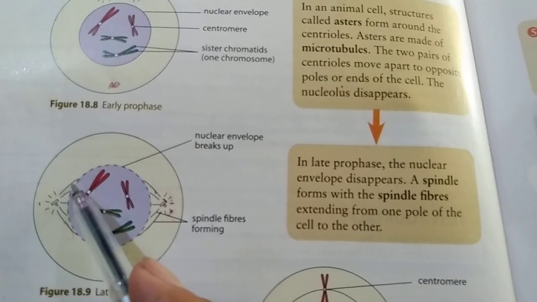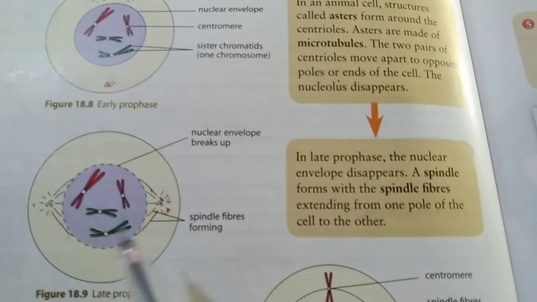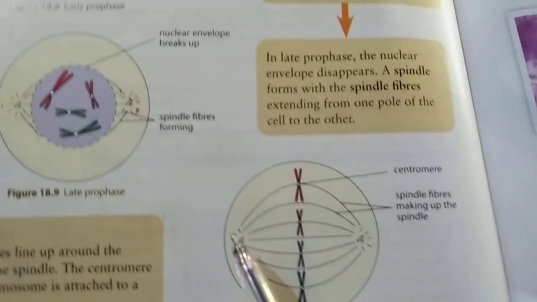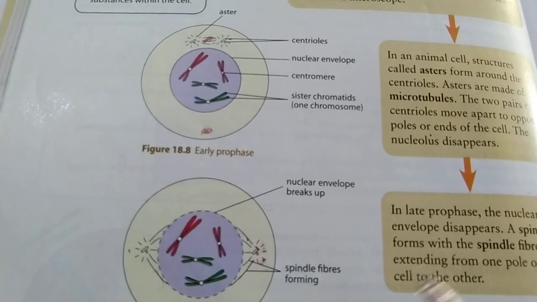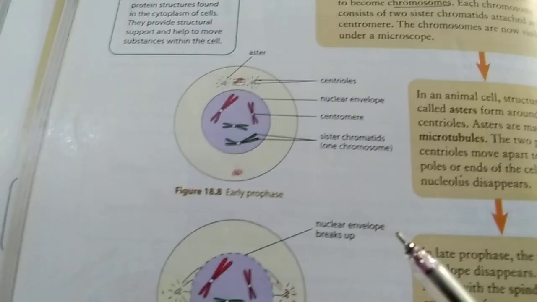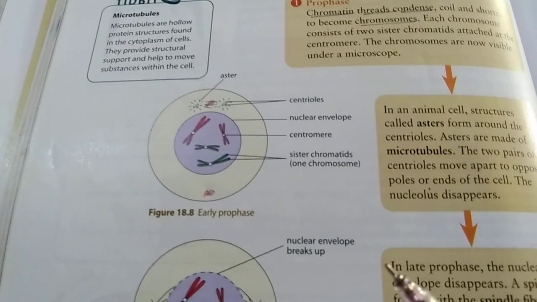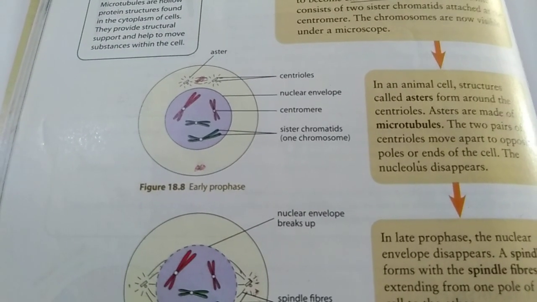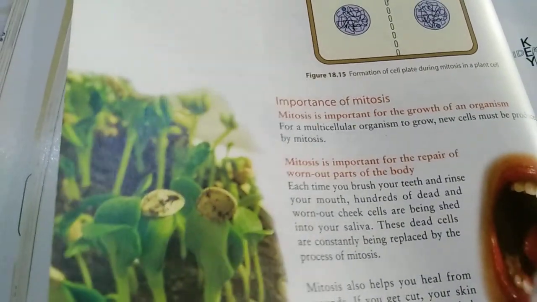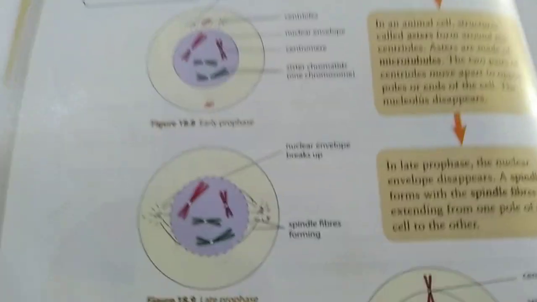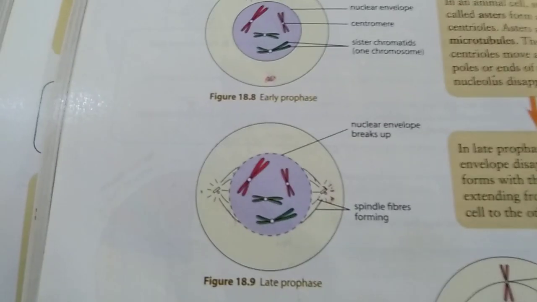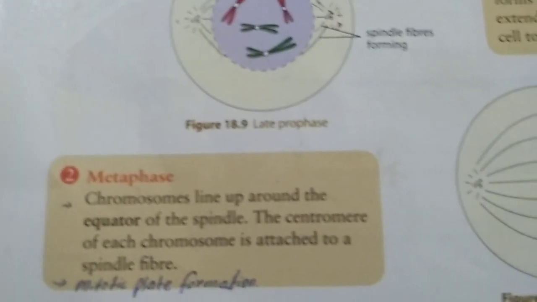Here they are called spindle fibers. These are the processes that take place in prophase. Now we discuss the second stage of mitosis, which is called metaphase.